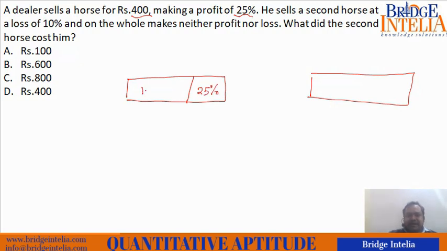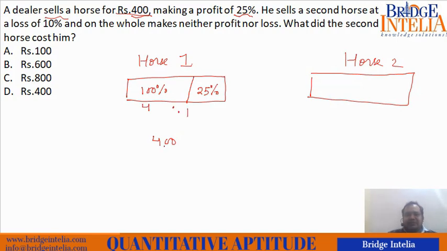He had invested 100% and he also made a profit of 25%. So this total amount is 400. This is the selling price of horse 1. So in what ratio? 125, ratio of 4:1.